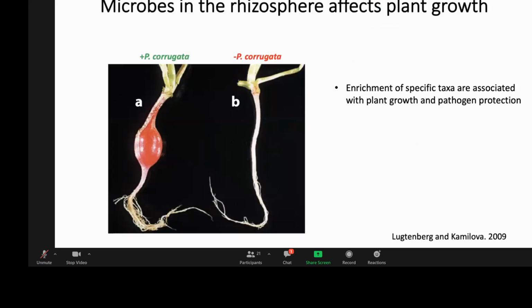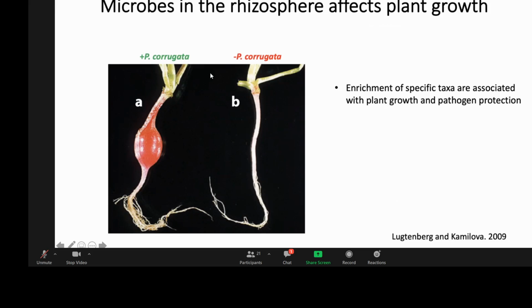All right, so I talked about the microbial community conferring a fitness advantage, and one fitness advantage it confers is that it affects plant growth. So here from this paper is a 17-day-old radish plant that was colonized with Pseudomonas corrugata, or not colonized with Pseudomonas corrugata.